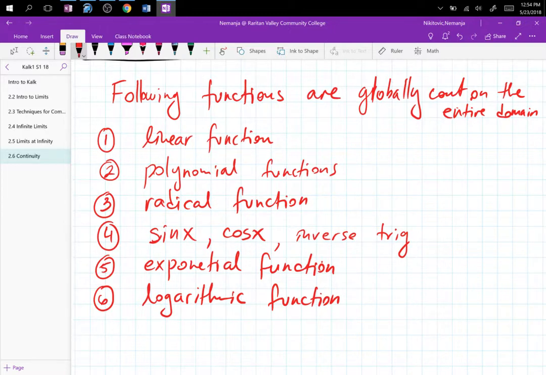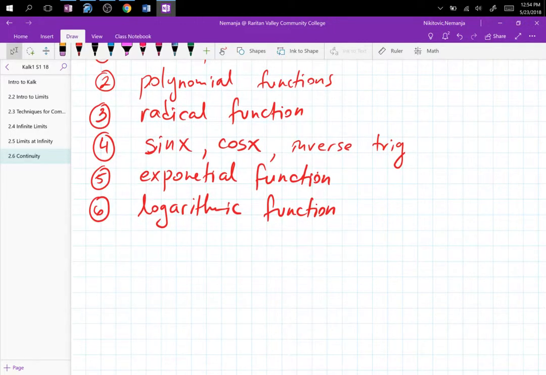No, because you have all those vertical asymptotes at pi over 2, 3 pi over 2, 5 pi over 2, and the cube-like squiggle in between. So tangent x is not continuous. It's piecewise continuous with infinitely many vertical asymptotes. Tangent is an example. I forgot to mention that.